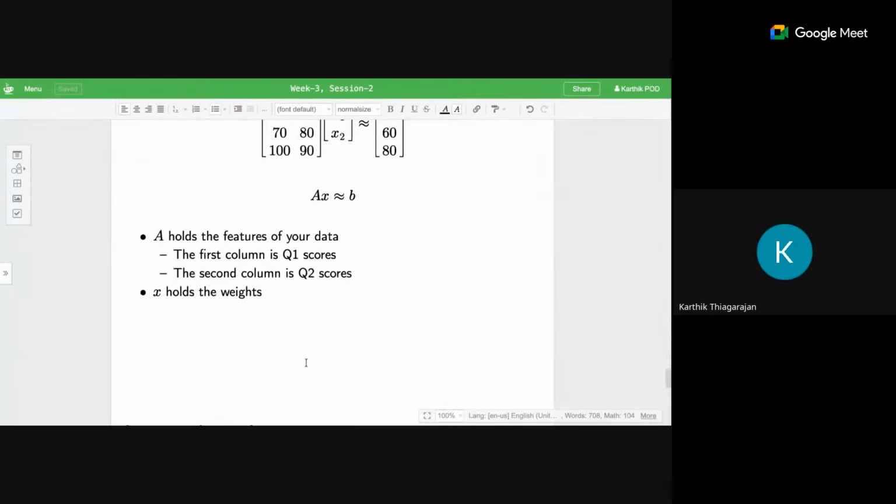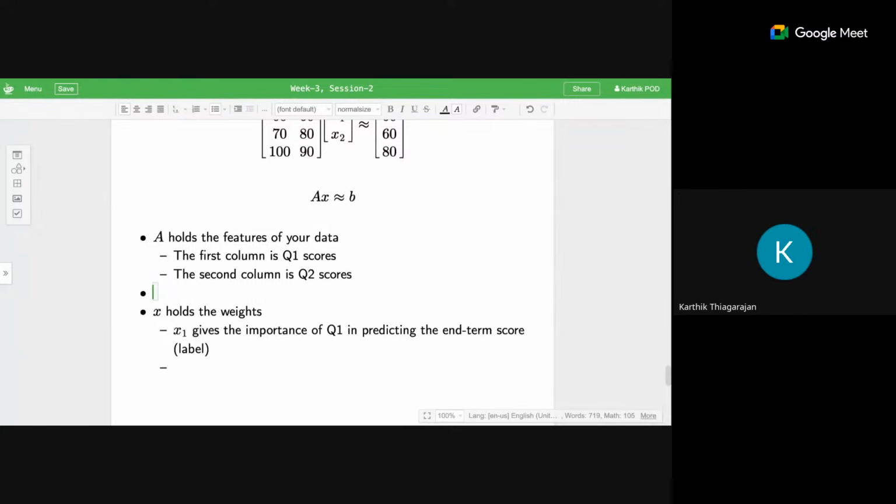X holds the weights, so X1 gives the importance of quiz 1 in predicting the end term score, or in this case, the label. B holds what are called the true labels. These come from your history. This also comes from your history. The data in this case is history.